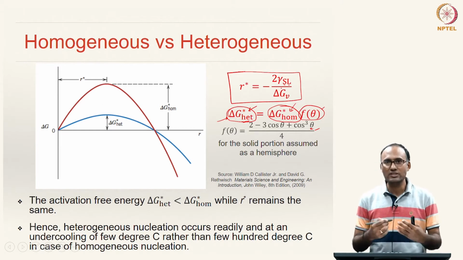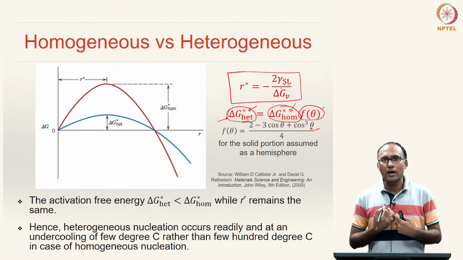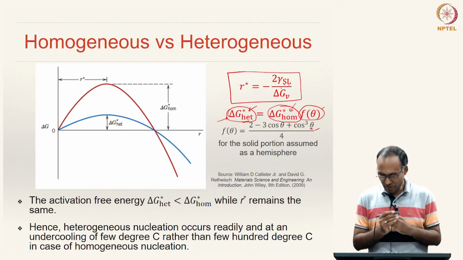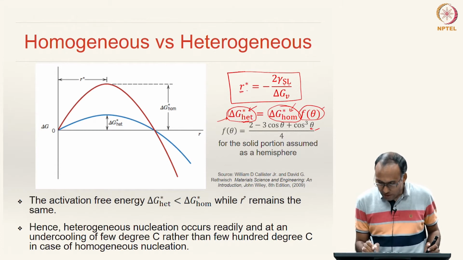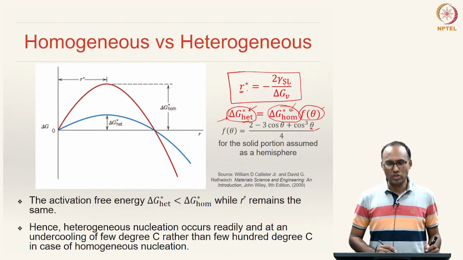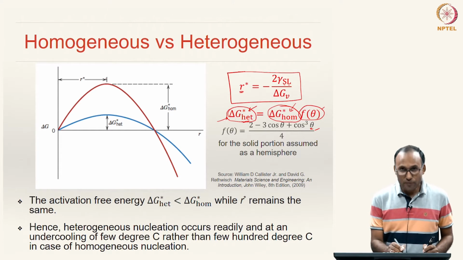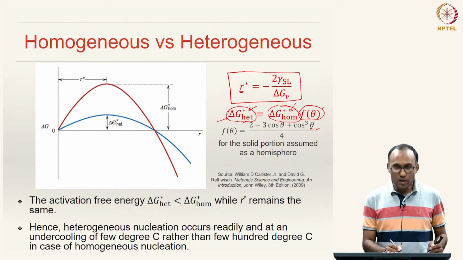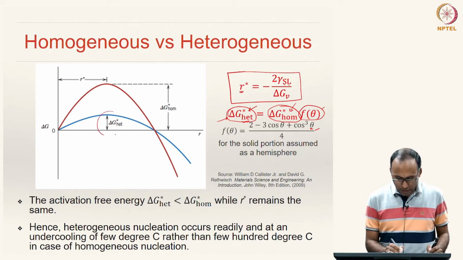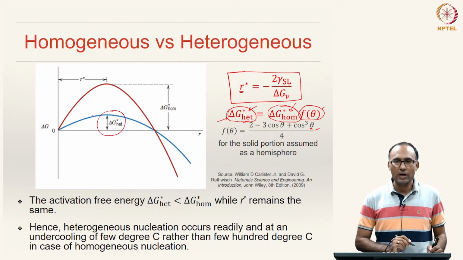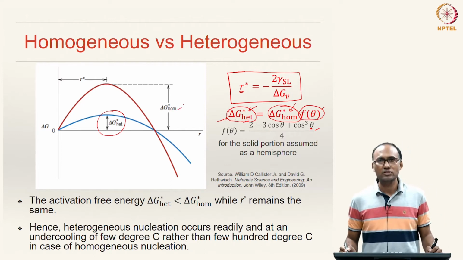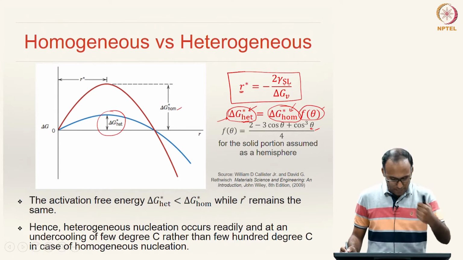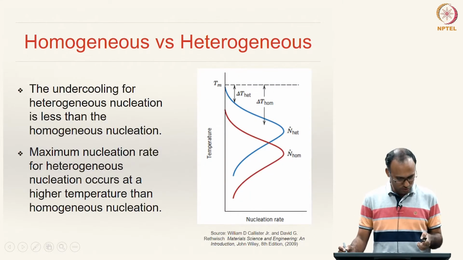The solid, meaning our nucleus, and the liquid interface gamma is going to be the same whether you are having homogeneous or heterogeneous nucleation, and hence the R star value is not going to change. Okay. So, for homogeneous and heterogeneous nucleation, for the same critical radius, you see that you need much lower activation free energy for heterogeneous nucleation compared to homogeneous nucleation. That is why it is much easier to have heterogeneous nucleation. So, heterogeneous nucleation happens much more readily than homogeneous nucleation.